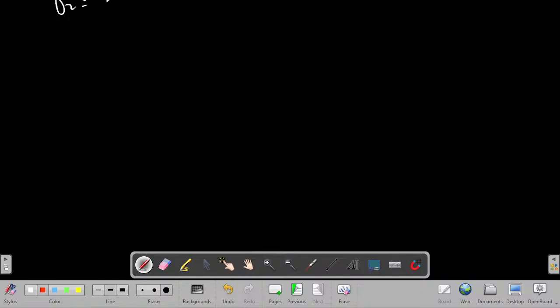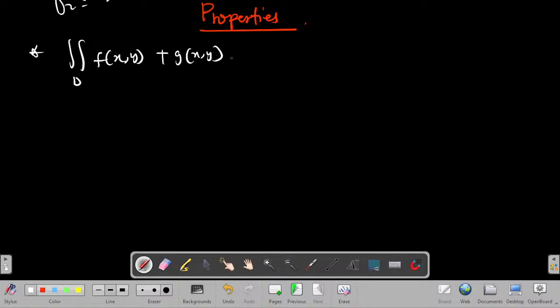Okay, let's see some properties. The double integral over region D of a function f(x,y) plus a function g(x,y) dA is given as the double integral over D of f(x,y) dA plus the double integral over D of g(x,y) dA.